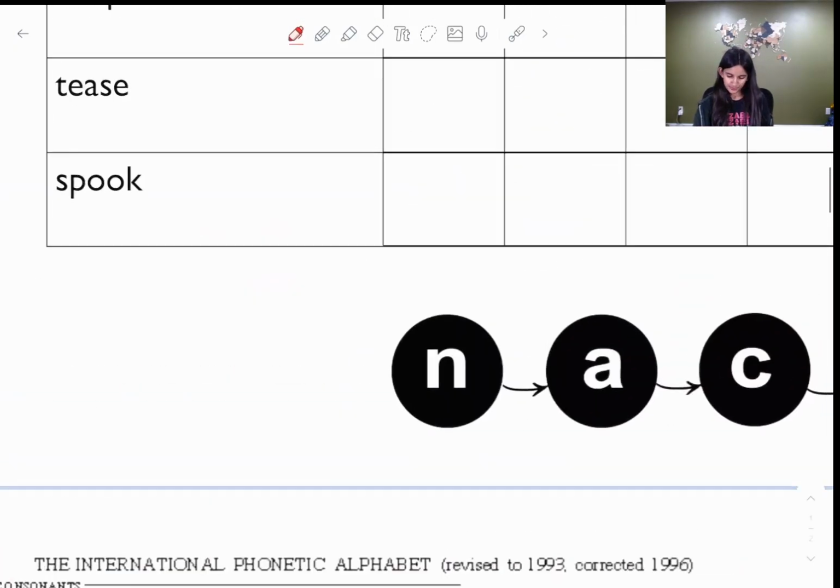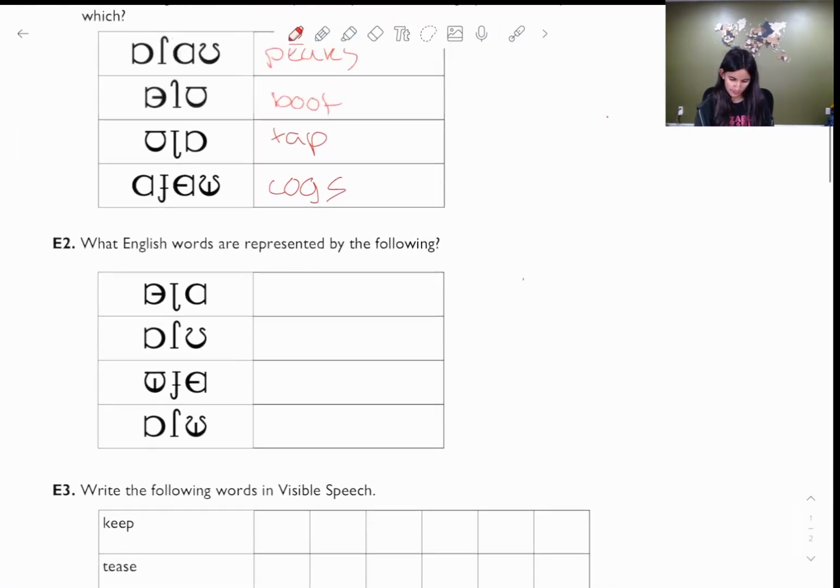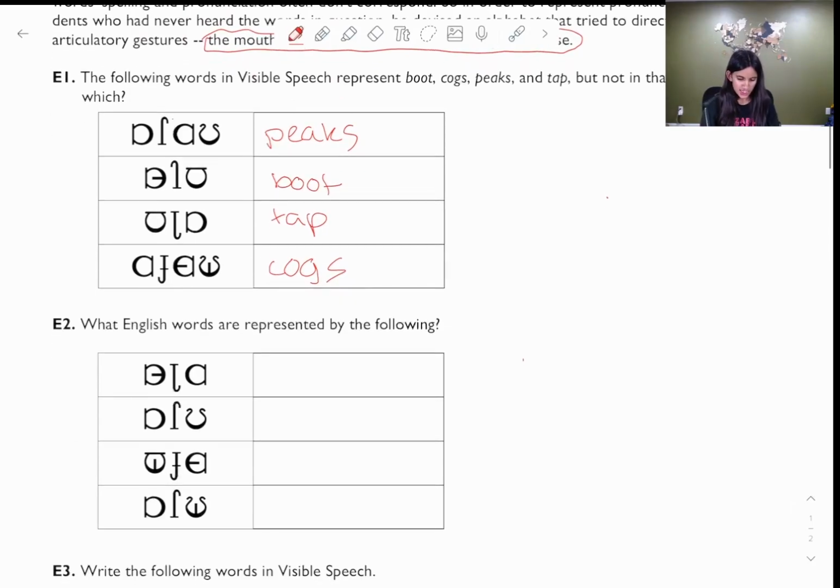Let's see. We come up here, and let's see. We have P is this, and B, which is its voiced pair. B is this. Noticing a pattern?